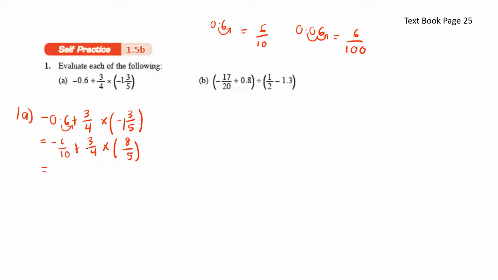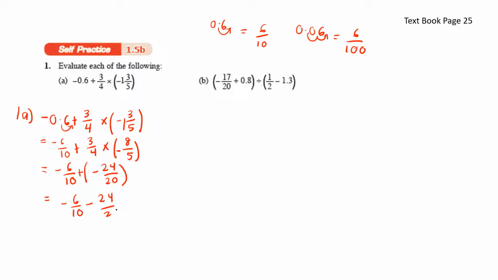Here let's do multiplication first. That will give us negative 6 over 10. And since here's the negative, positive and negative gives us a negative 24 over 20. Now let's remove the brackets. Positive and negative gives us a negative sign.